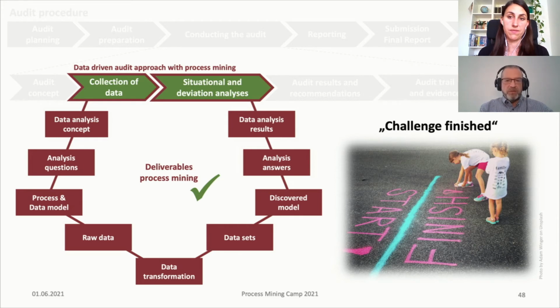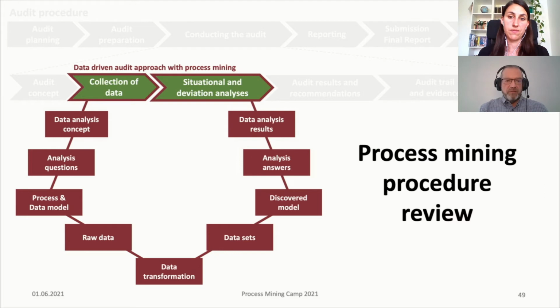So what's the learning about these underlying parts, the deliveries of process mining? First of all, we get a process mining procedure review, and this procedure review shows us some aspects of different validation lines. First of all, the validation lines in different levels.